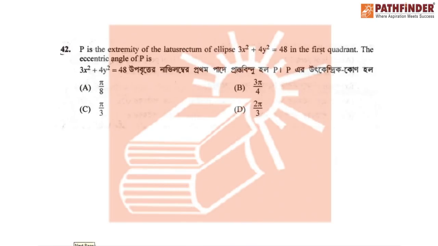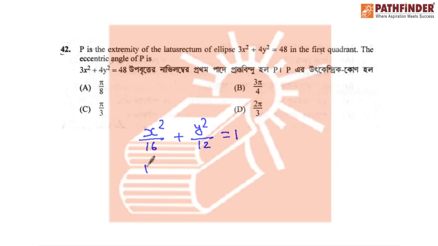Next question number 42. P is the extremity of latus rectum of ellipse 3x square plus 4y square equal to 48 in the first quadrant. The eccentric angle of P is. So the given equation is x square by 16 plus y square by 12 is equal to 1.